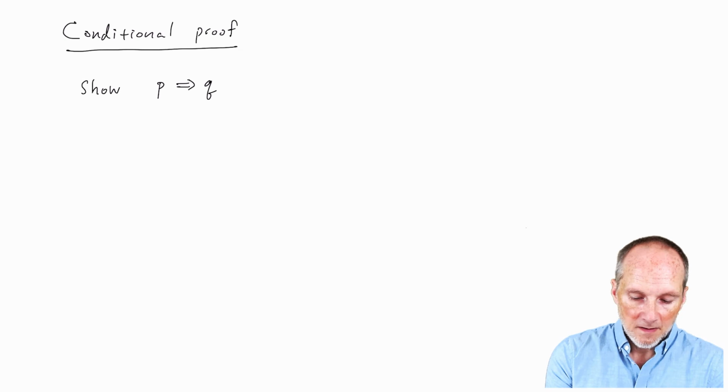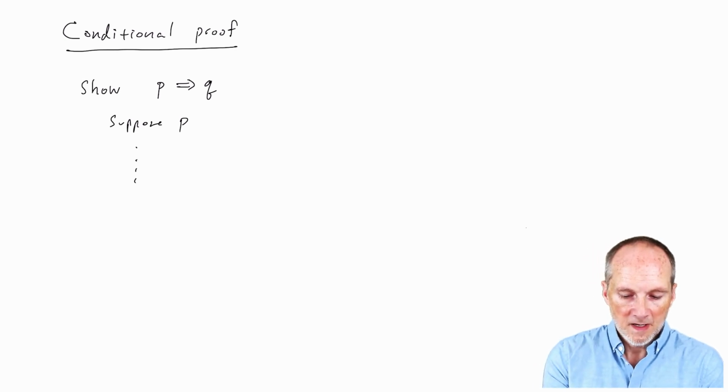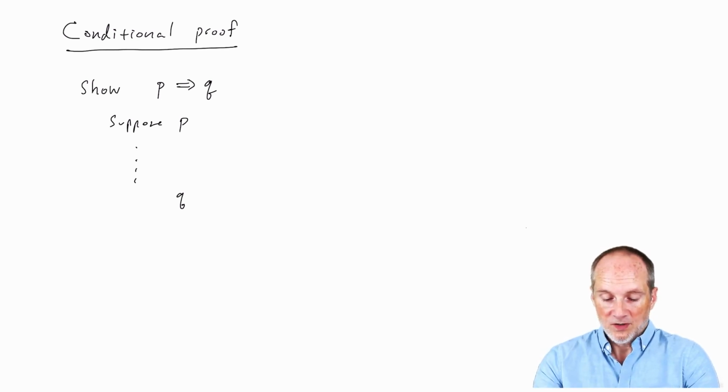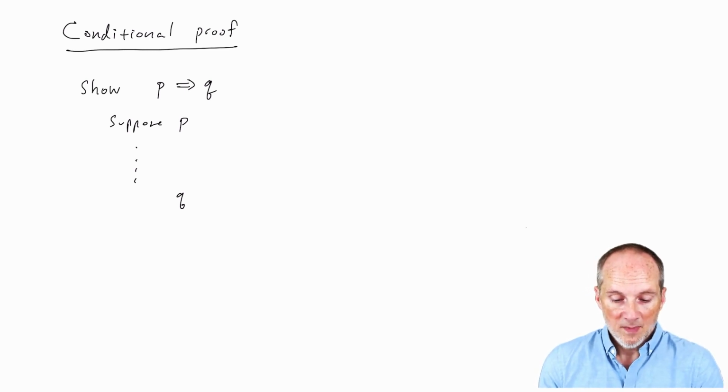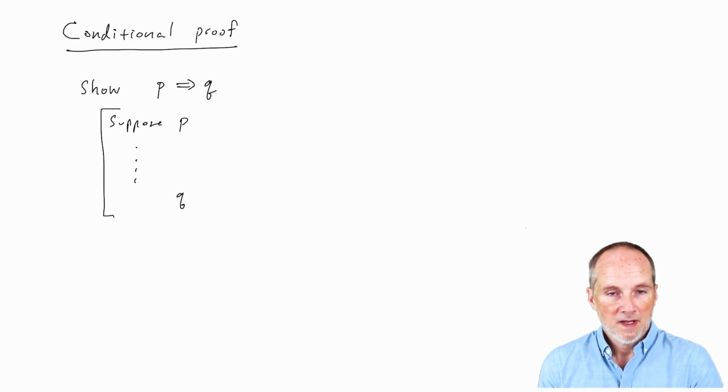Well, we suppose P is true, and then we see if we can apply our rules of inference to then get to Q, right? We take P on as an assumed premise, and then we try to deduce Q from that. If we can do that, that means that actually Q does follow from P, and we've shown the implication that we wanted.